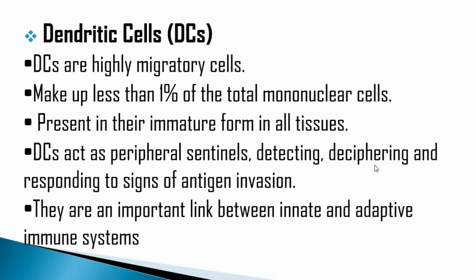They detect, decipher, and respond to signs of antigen invasion. An antigen is anything that is not part of your cell. If there is any invasion in the body by a microbe, the dendritic cell will detect that. These cells are so important because they serve as a link between the innate and adaptive immune system.